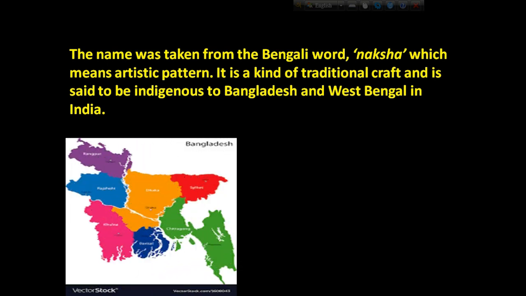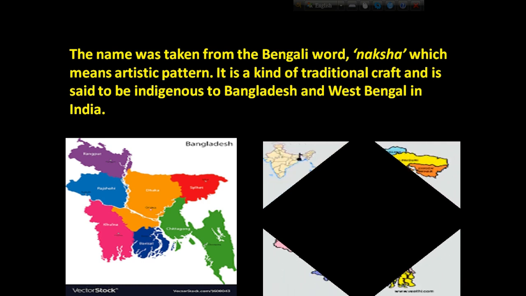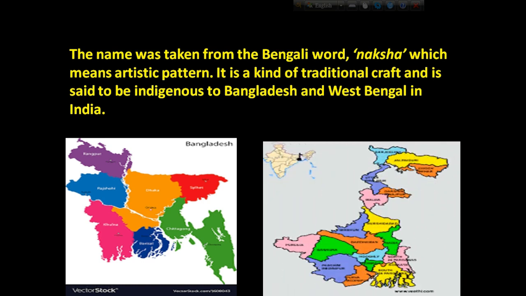Look at the map. Picture number 1 is the map of Bangladesh, and there are a lot of districts in Bangladesh where you can find nokshikatha very easily. And picture number 2 is the map of West Bengal, and in these districts you can find nokshikatha very easily.